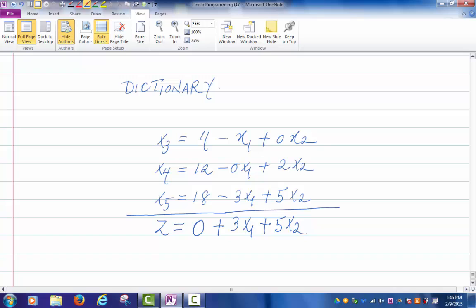Now we are going to do some sort of operation on the dictionary to come up with new dictionaries, okay? And when I have a dictionary, the variables on the left-hand side of the equalities will be called basic variables.